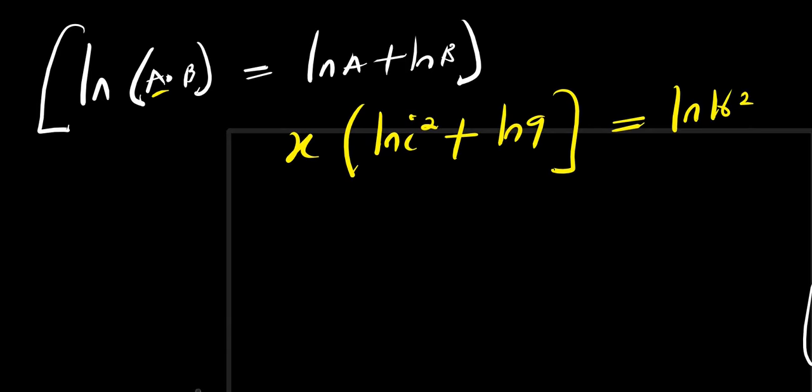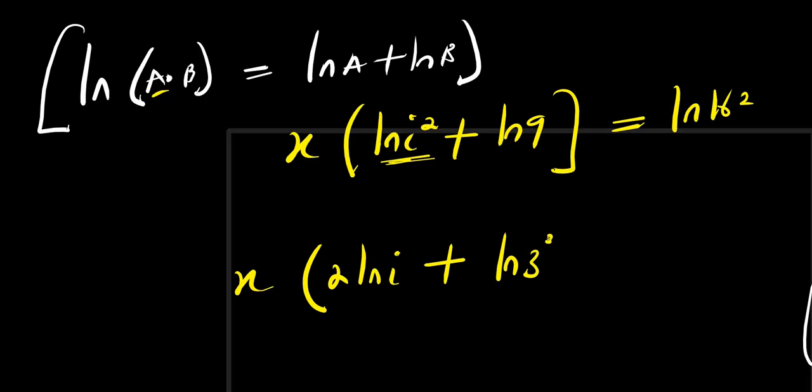So from here, we can have x times this. The 2 will come in front of the natural log. Remember, natural log a to the power p is p times natural log a. So this is 2 times natural log i plus this is natural log 3 to the power 2 equals natural log 162, which is simply natural log 27 times 6.